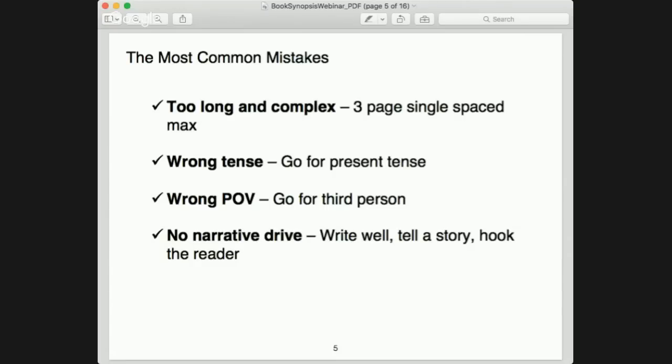So the most common mistakes that I see people make in writing a synopsis are that they're too long. People don't think that the 3-page single space rule applies to them, and they write these long, rambling, super complex synopses, and that completely defeats the purpose of what they are.